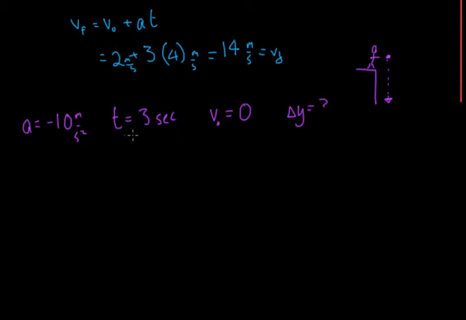The velocity initial is 0 because he just drops it, and he wants to know how far it falls in 3 seconds. That's what this change in y is. We're going to use it the exact same way we did our change in x, and we've defined up as positive and down as negative based on our acceleration.